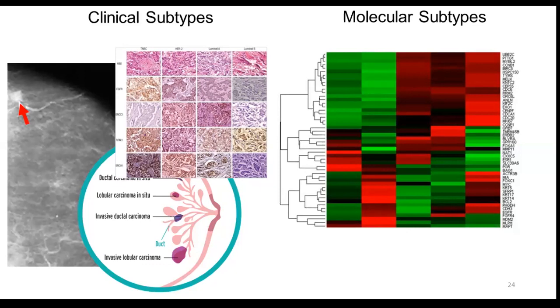So we want to analyze multiple types of data, for example, gene expression patterns and other molecular types of data, like the ones we see on the right. We can see a heat map here representing gene expressions. Green is a higher expression and red is lower expression. So we can see that there are multiple cancer subtypes here. Each one of them has its own pattern of gene expression.